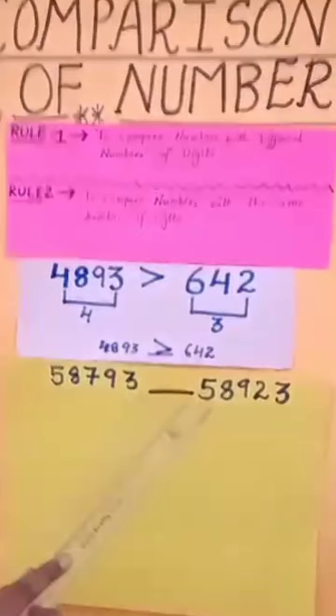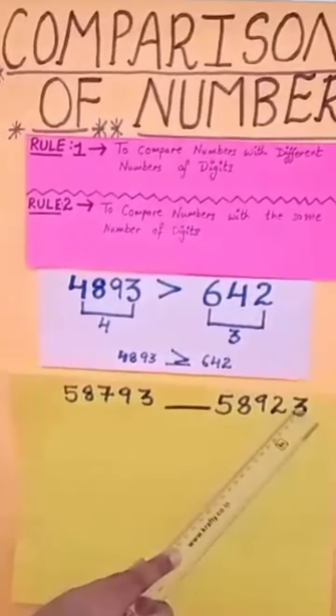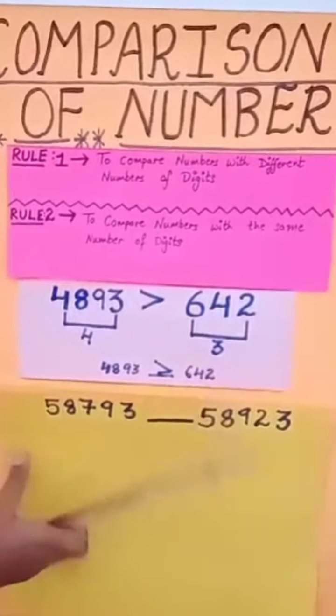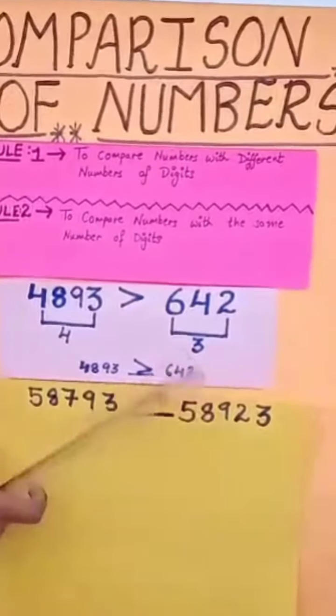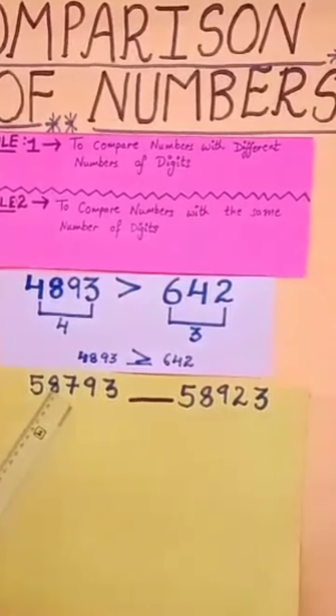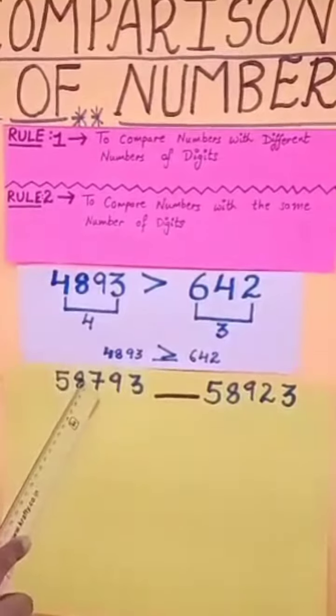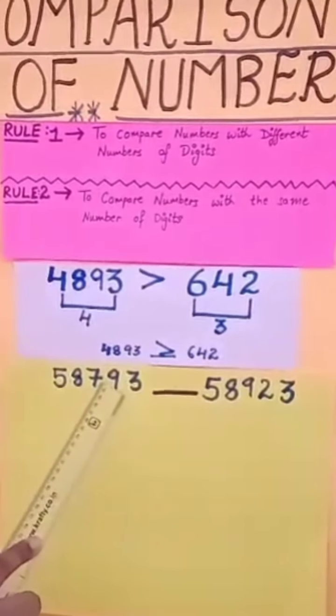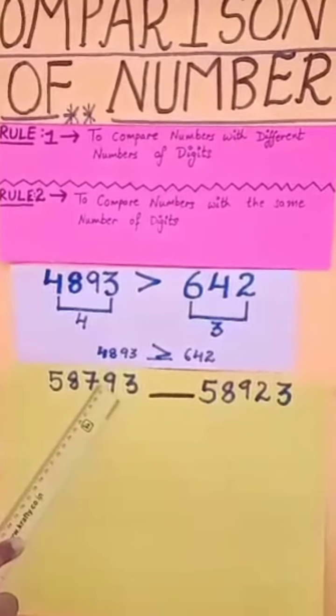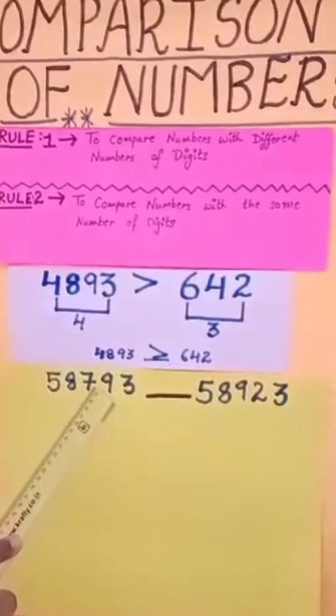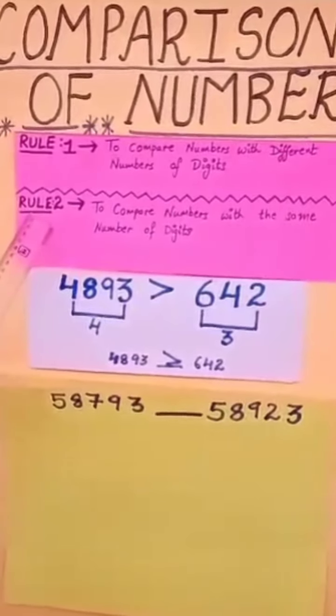It's a 5-digit number again. 1, 2, 3, 4, 5. It is also a 5-digit number. Correct? Now, what we have to do here is, when we have two numbers with the same number of digits, how to compare? Correct? That is what we are going to know in this rule.